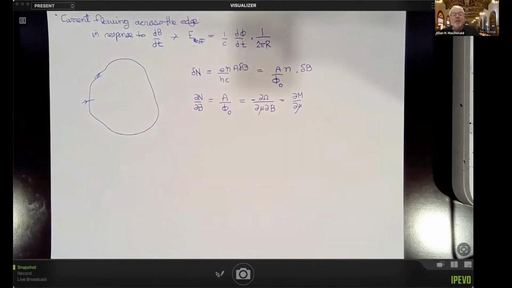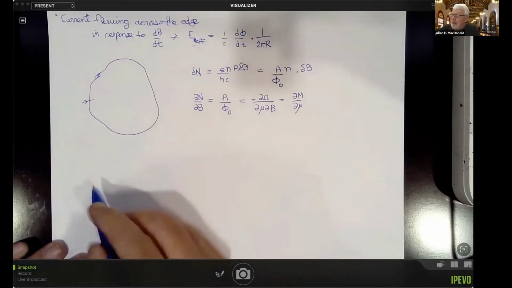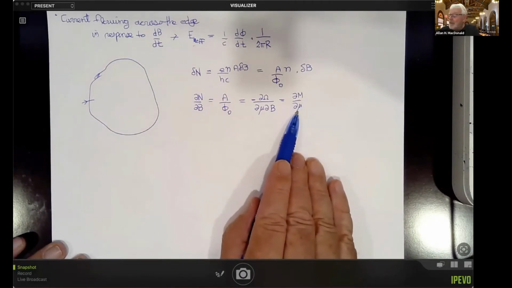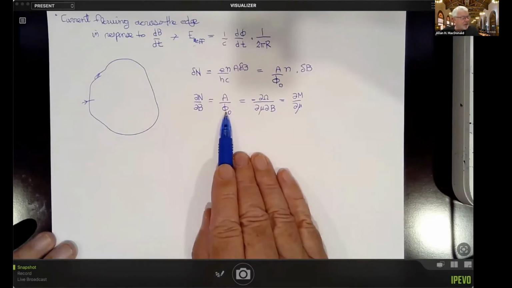So when I have a quantized Hall conductivity, I have an orbital magnetization due to currents flowing in the system, currents flowing around the edge. And the derivative of the orbital magnetization with respect to the chemical potential is just 1 over the flux quantum.